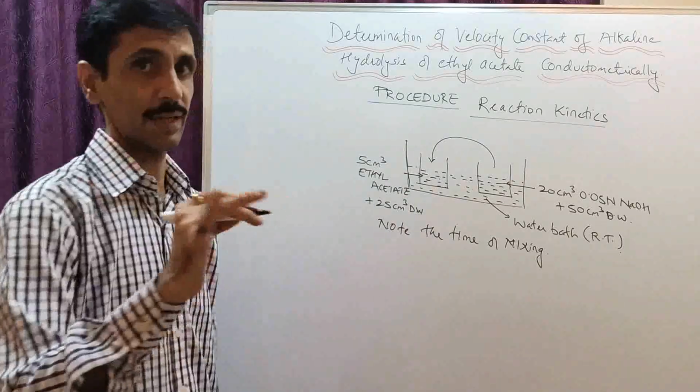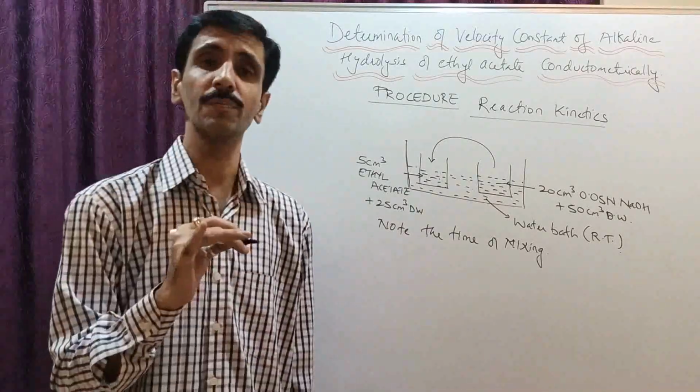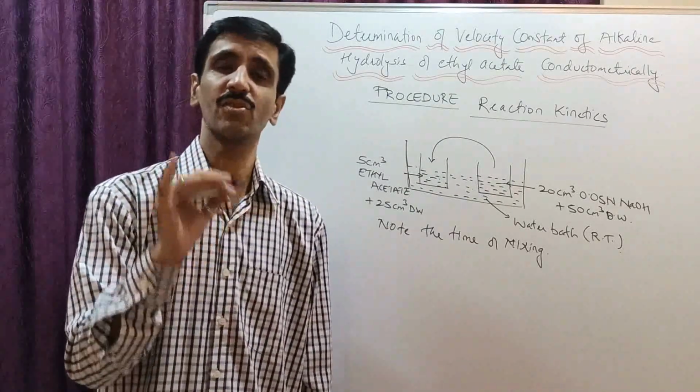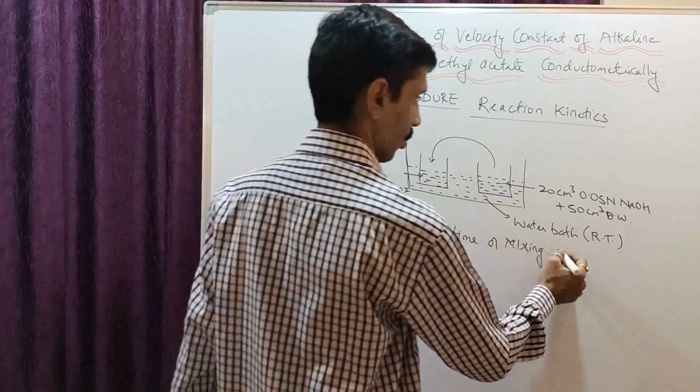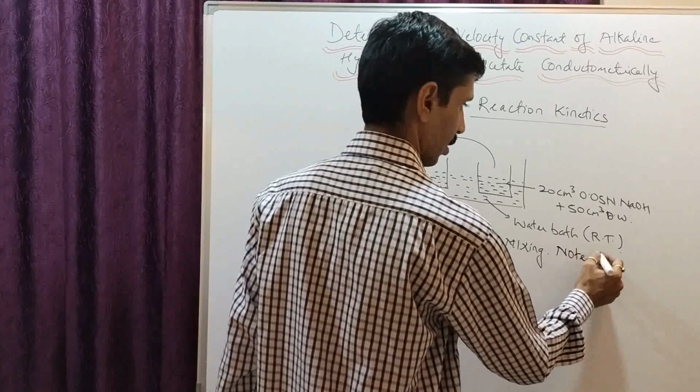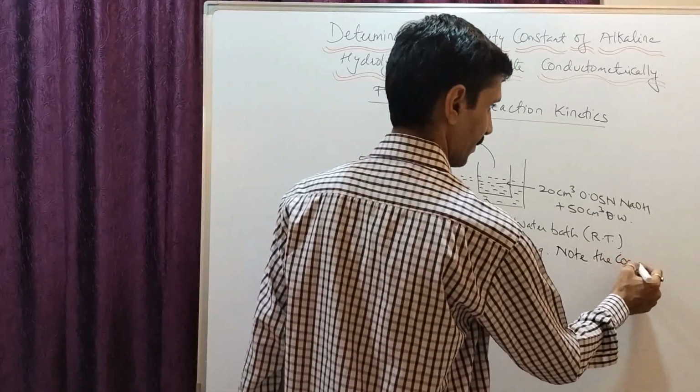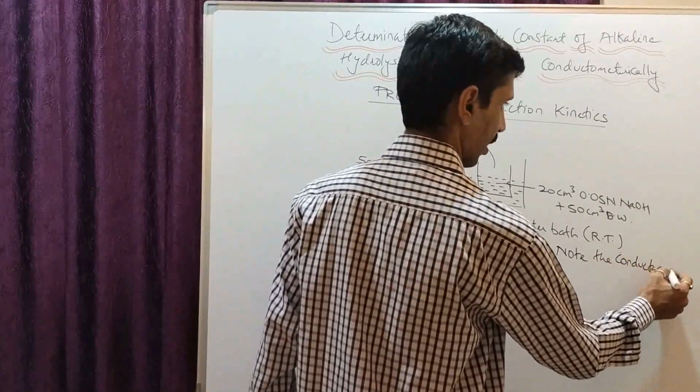Whatever the time is, please note it, because as I told you, it is chemical kinetics, so time plays a very important role. Then note the conductance of the solution.